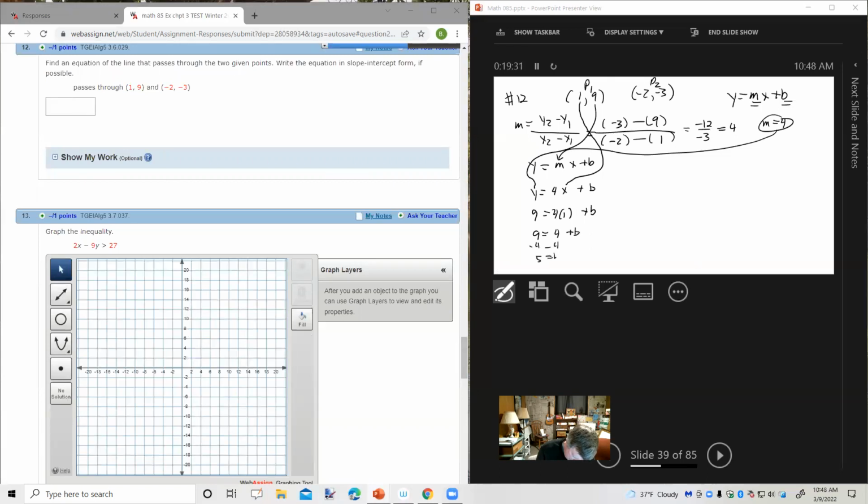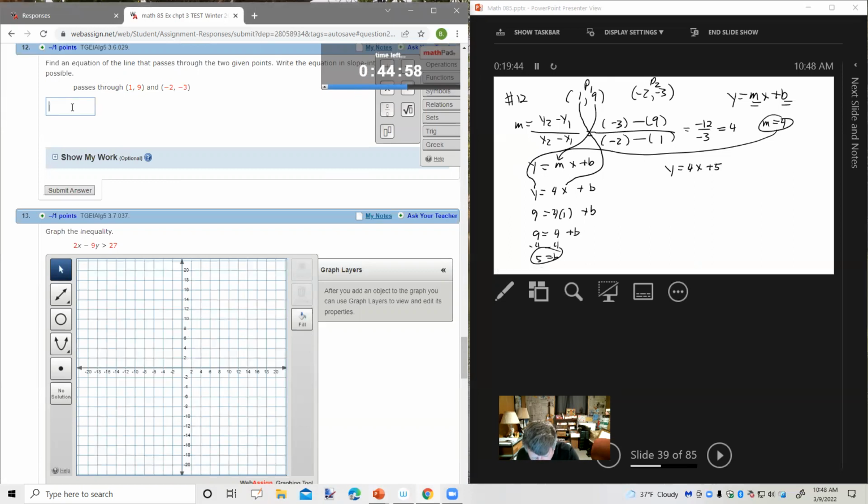Subtract 4, b equals 5. So y equals mx plus b becomes y equals 4x plus 5. Submit answer.